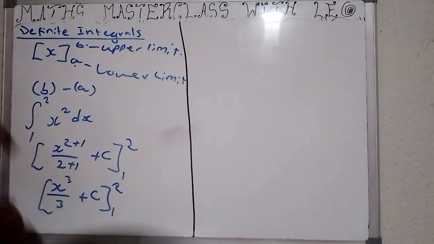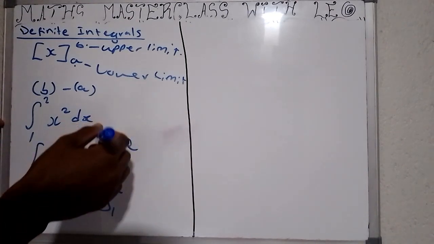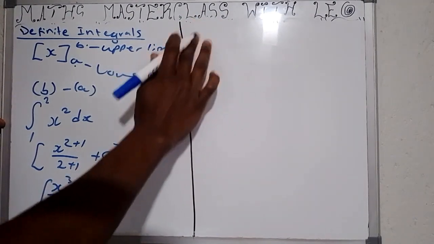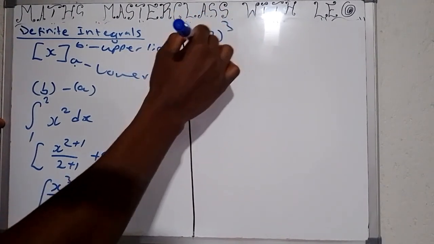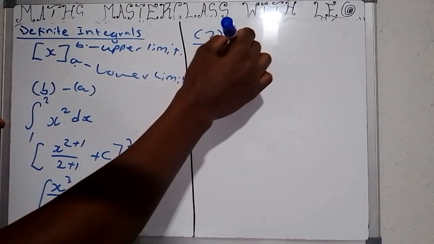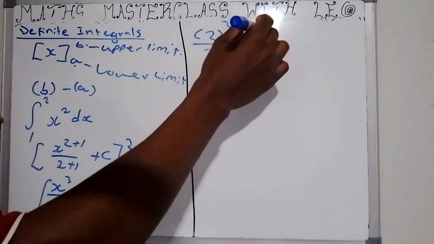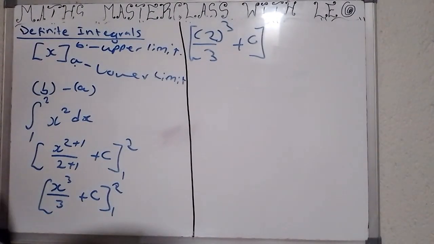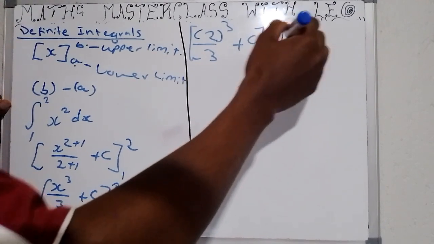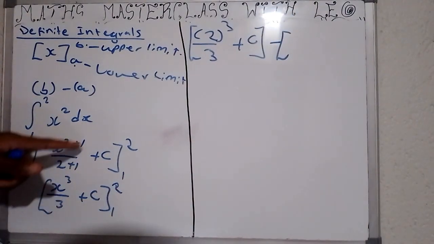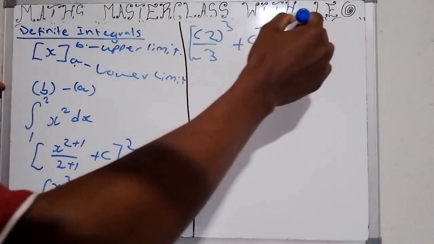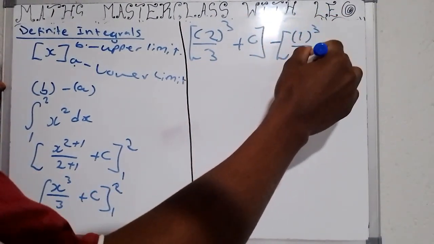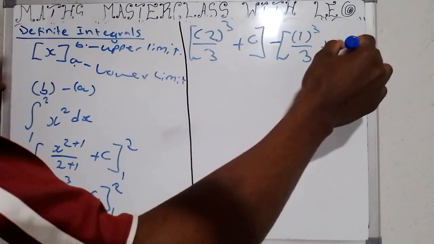So what am I going to have when I apply my limits? I'm just going to say my upper limit minus my lower limit. My upper limit is 2 to the power 3 over 3 plus c, minus my lower limit, 1 to the power 3 over 3 plus c.